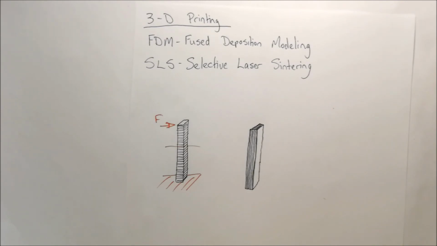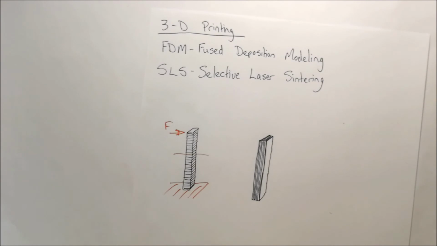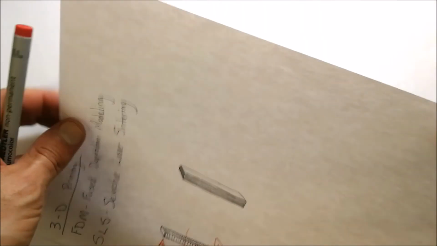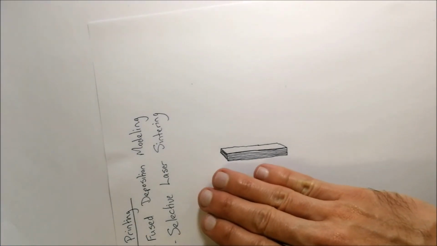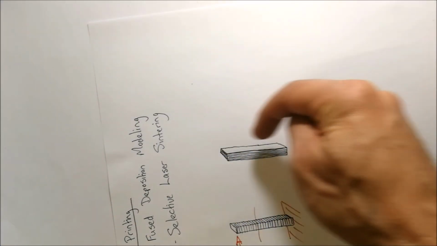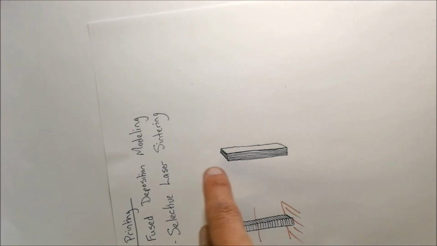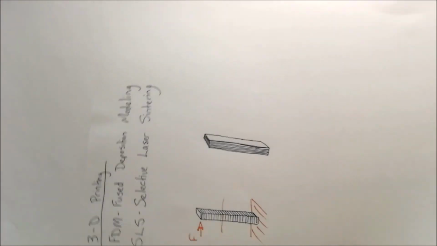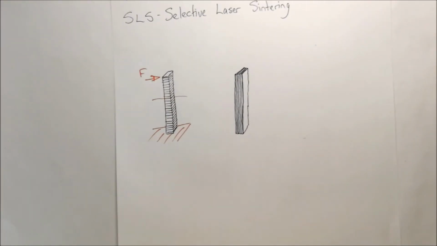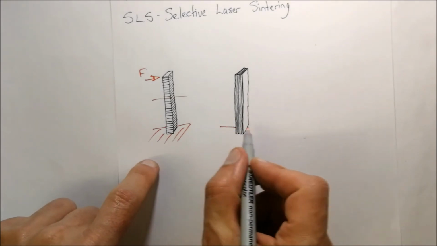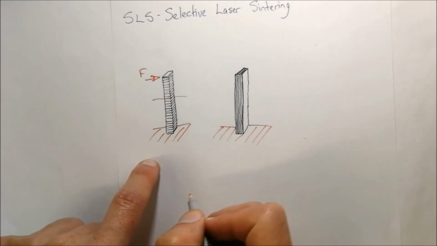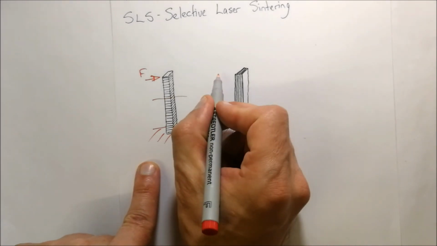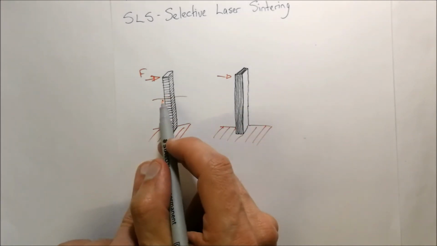If you had to print it in an orientation where you consider this to be the bottom, and then start printing it from the top, and you've got your different layers like this, it would give you a stronger material. Again, if we fastened and secured this to the ground and applied some force over there, it's not going to shear as easily.